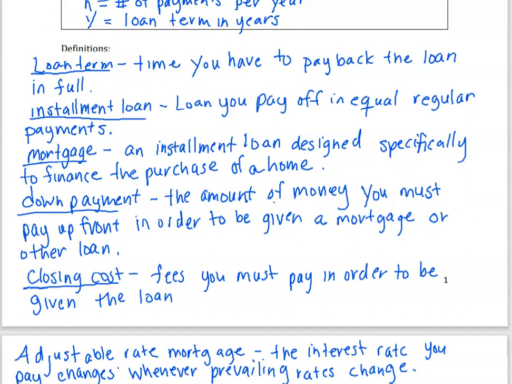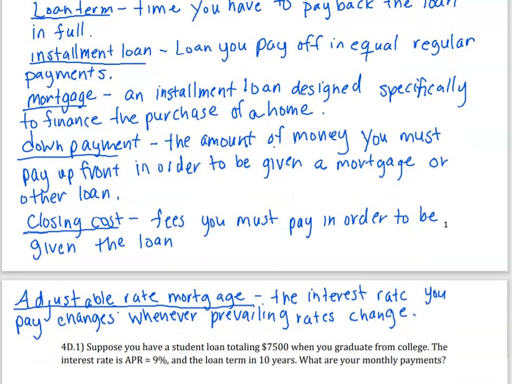And an adjustable rate mortgage is a mortgage where the interest rate you pay changes whenever prevailing rates change. You can also get a fixed rate mortgage where the interest would stay the same. If you want to pause this video and write these down, that would be good.